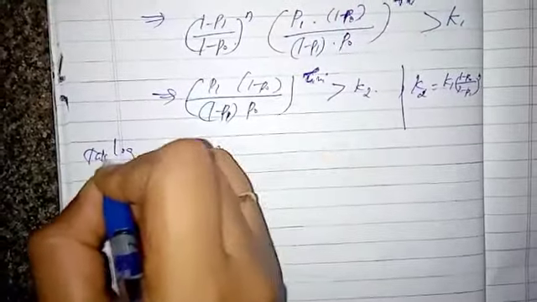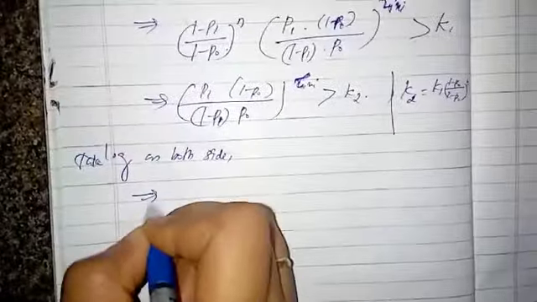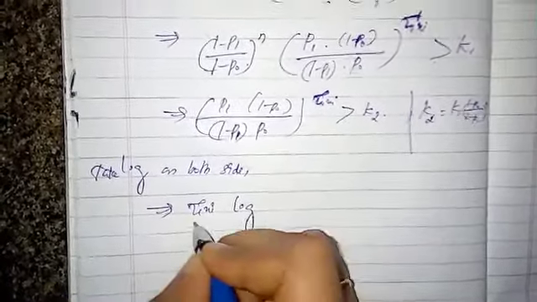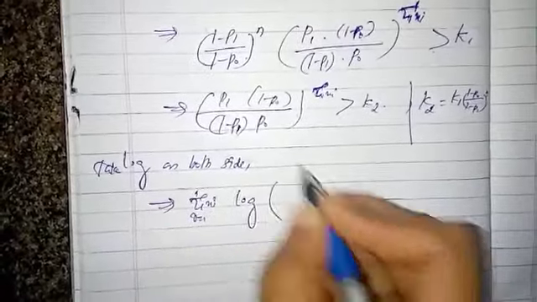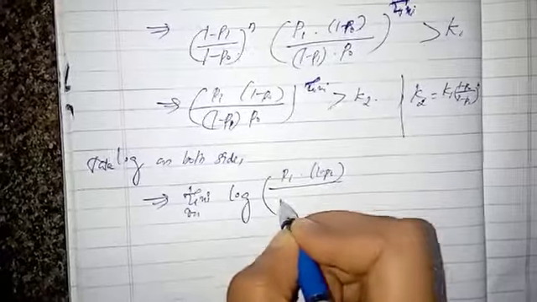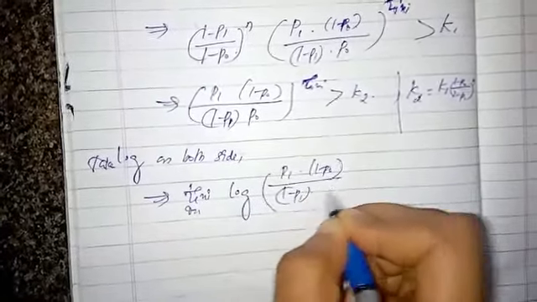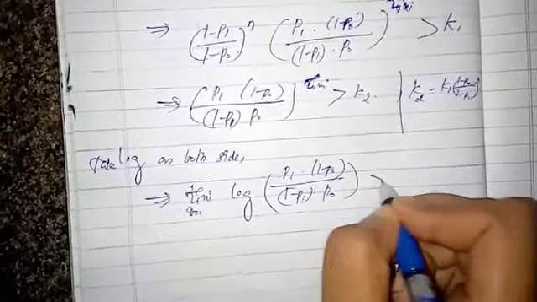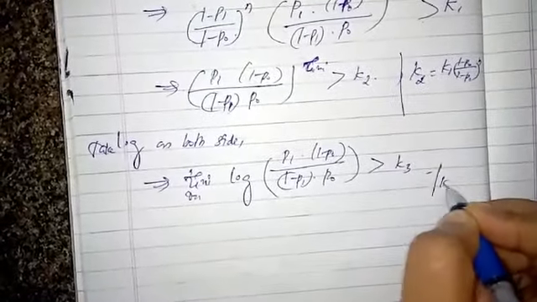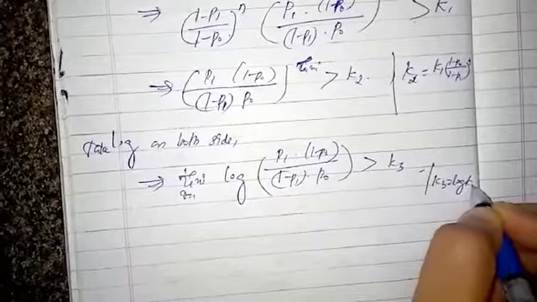Take log on both sides, which implies summation xi log of this term, that is p1 into 1 minus p naught over 1 minus p1 into p naught, which is greater than k3. What is k3 then? K3 equal to log k2, right?